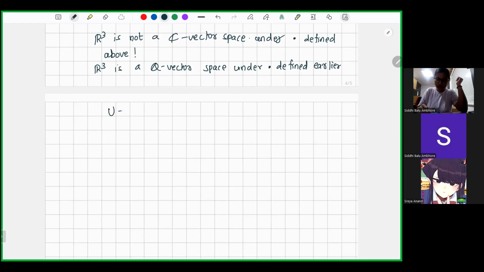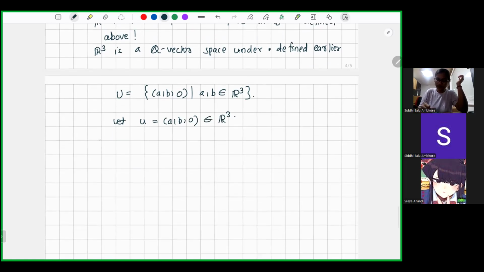So if you look at this, U is what, my A, B, 0, such that A and B are from R. So let U be equal to A, B, 0 belonging to R3.